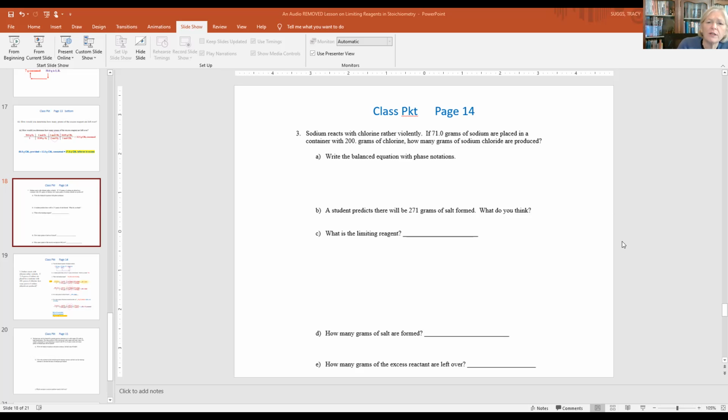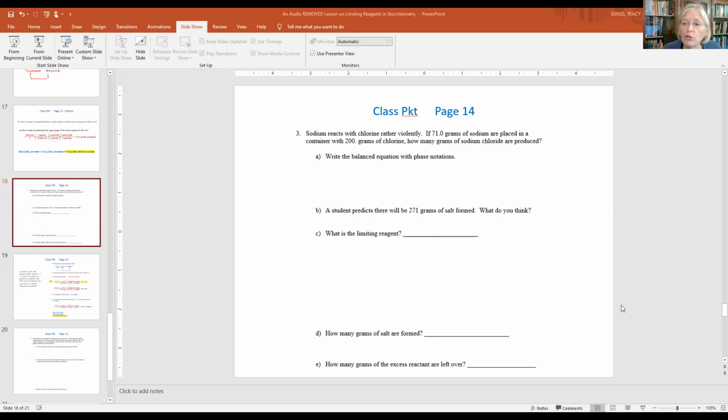From that balanced chemical equation, and you can put the phase notations in, you now are asked, what's the limiting reagent? This little blank right here requires 2 very long stoichiometry problems.